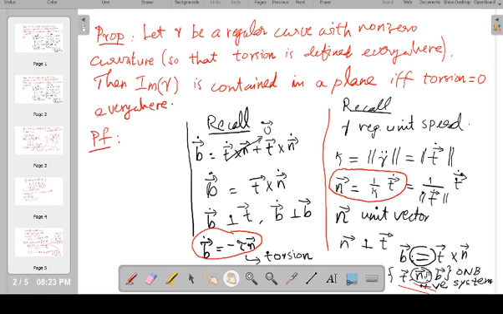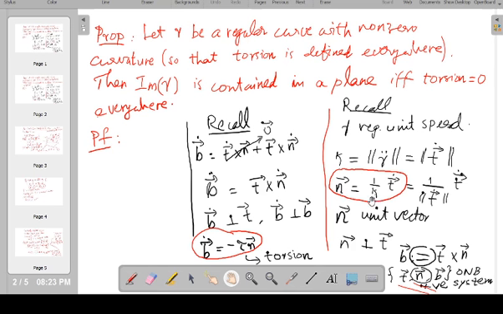Therefore b dot must be parallel to n. Therefore b dot is a scalar multiple of n, and that scalar is denoted by minus tau, and that tau is called the torsion. Remember, torsion is defined whenever curvature kappa is non-zero, because kappa comes in the denominator.